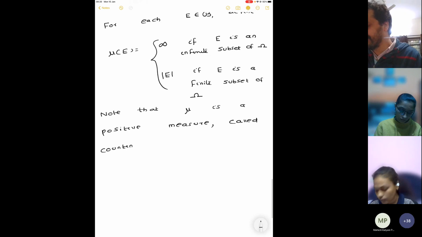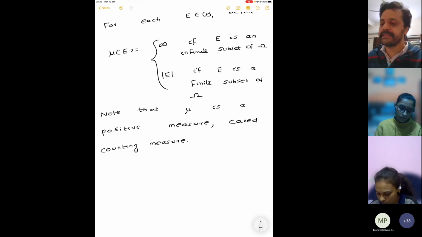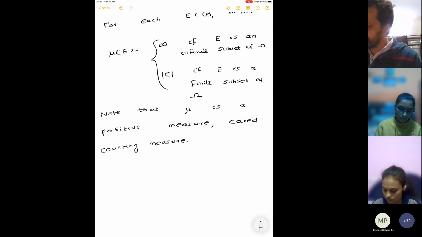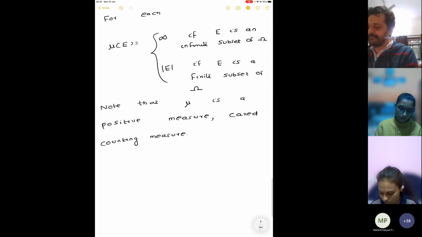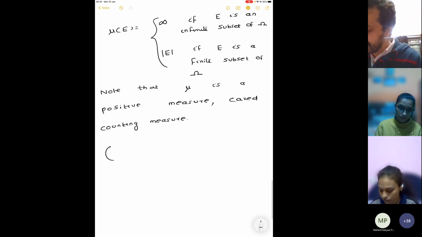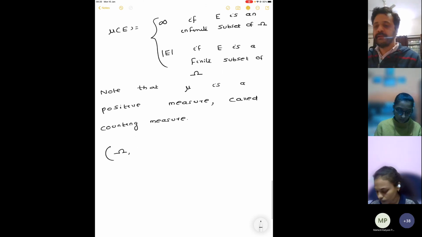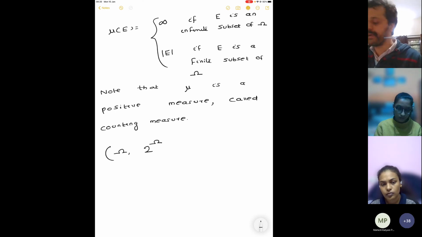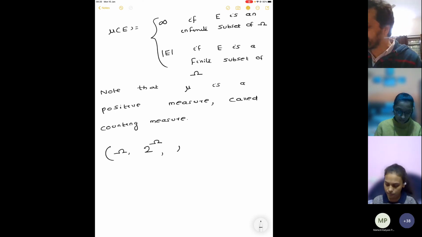The terminology is justified because actually you are counting the number of elements in E. Therefore, for any set omega, you can have a sigma algebra, namely 2 power omega, and you have a measure mu, the counting measure.